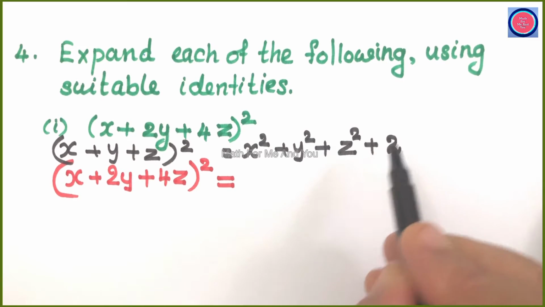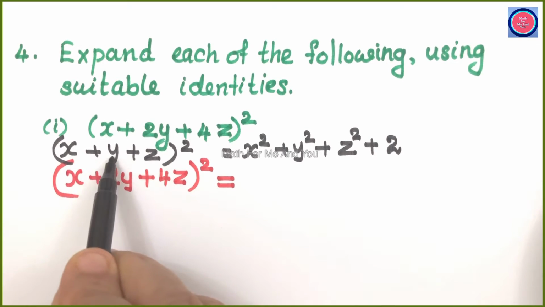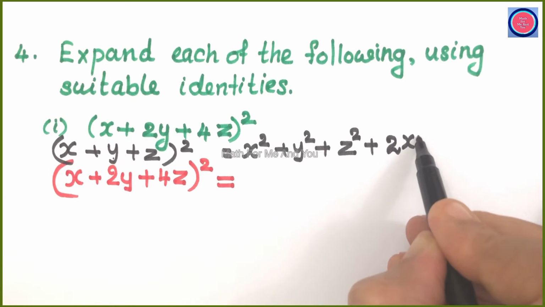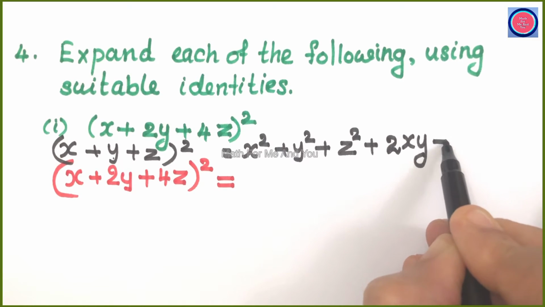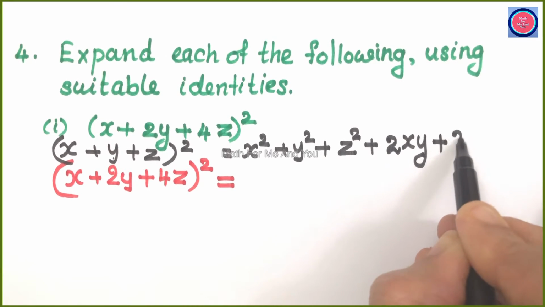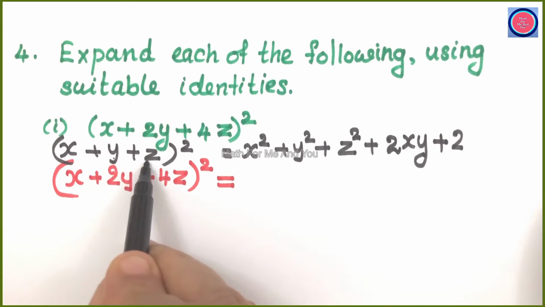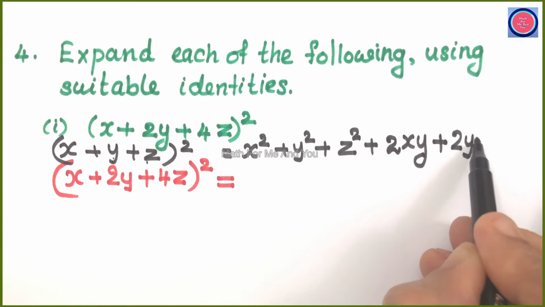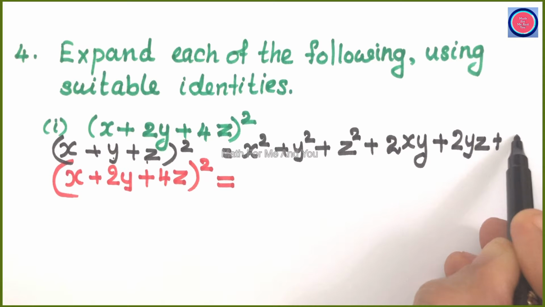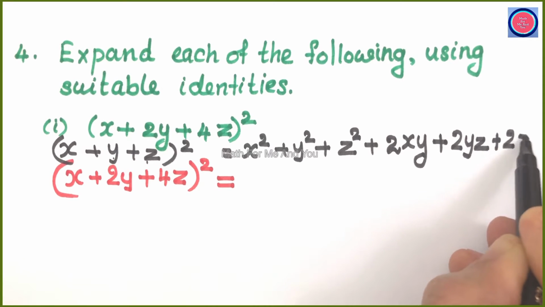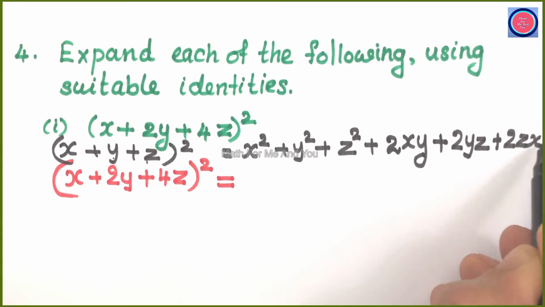So we get xy first, that is plus 2xy. Then we connect y and z, with coefficient 2, so we get plus 2yz. Lastly, with 2 as coefficient, connect z and x, so we get the last term as 2zx. If you want you can write it as xz.